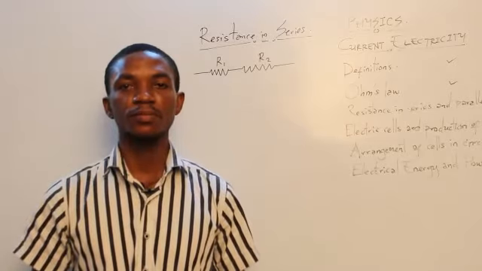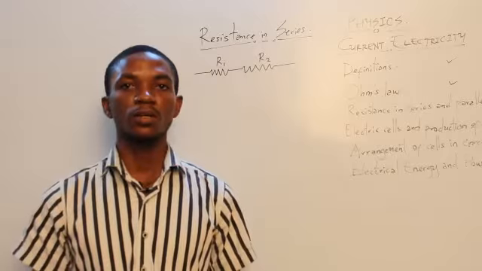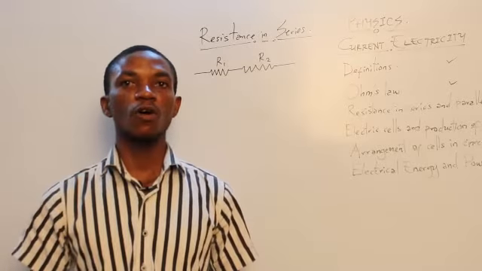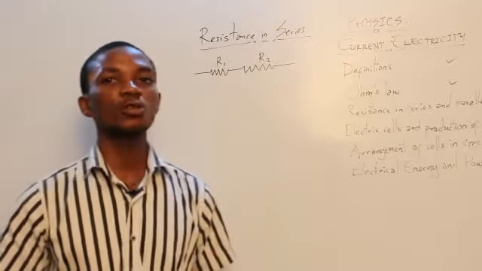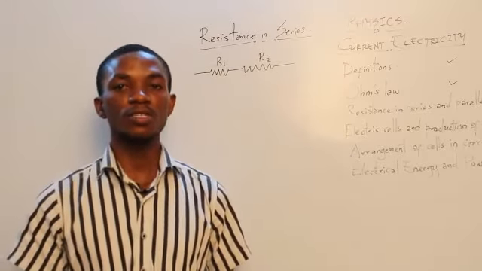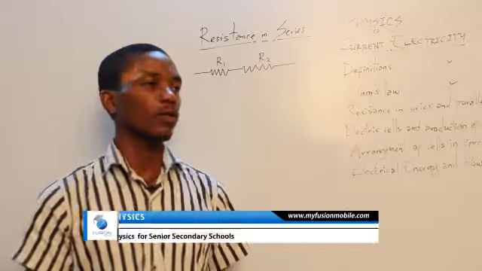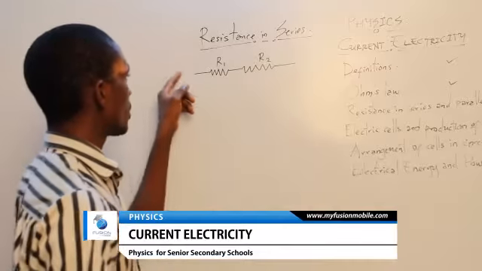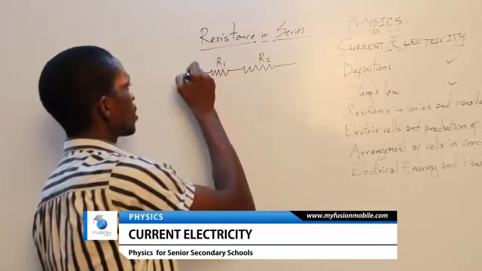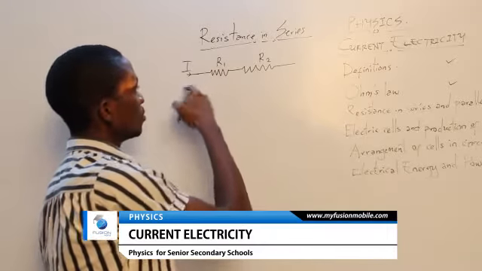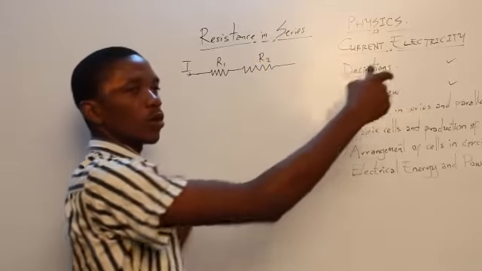Resistance in series. There are two ways in which appliances can be connected to each other. They can be connected either in series or in parallel. The diagram up here shows two resistors connected together in a series connection. Now, what happens is this: when electric current enters into the circuit at this point, it will run through R1, then run through R2, and come out.